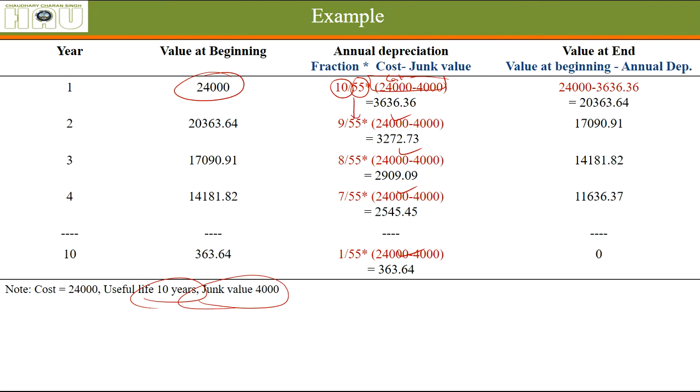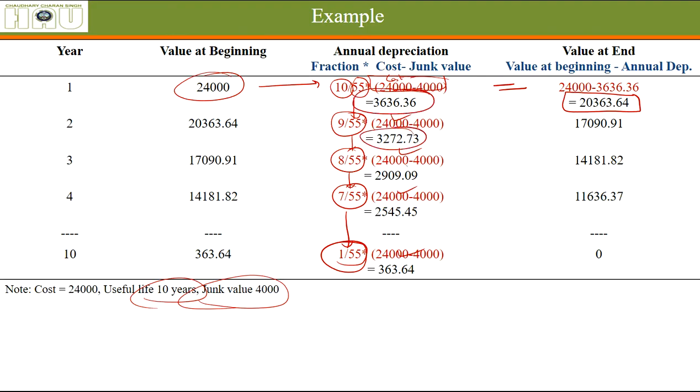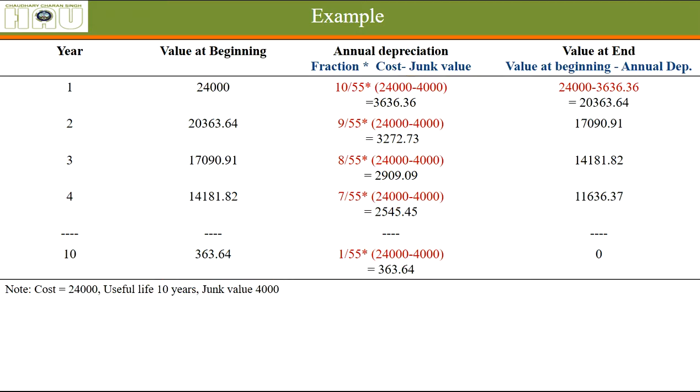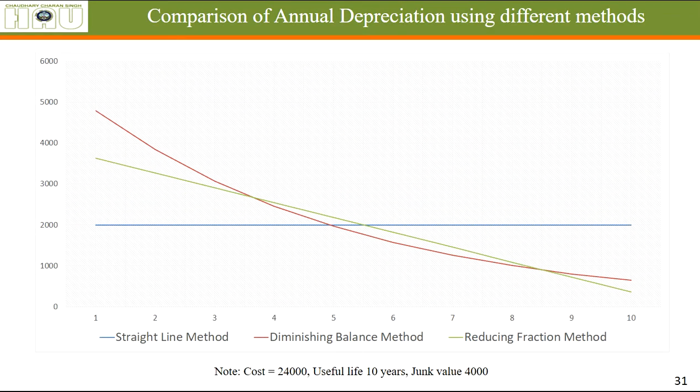In the next year we will be multiplying by 9 by 55, next year 8 by 55, next year 7 by 55. In the end last year you will be multiplying it by 1 by 55. Okay, so value at the beginning minus annual depreciation would be equal to 20,363, and as you will be seeing, this value of annual depreciation is reducing with time. Okay, this was the example for sum of years digits method.